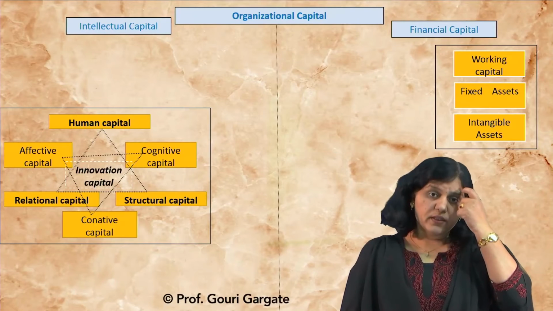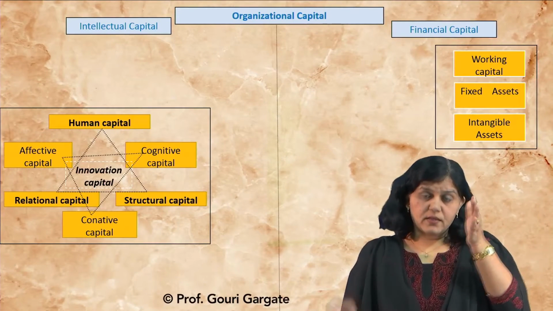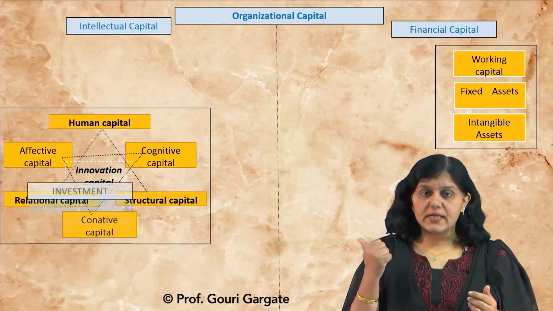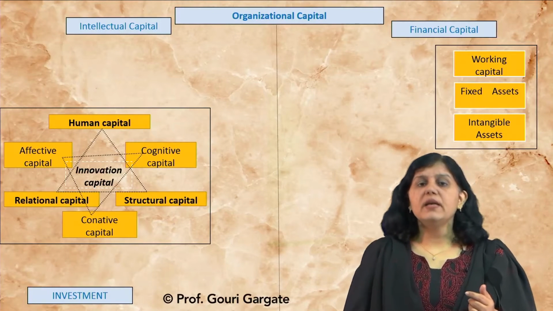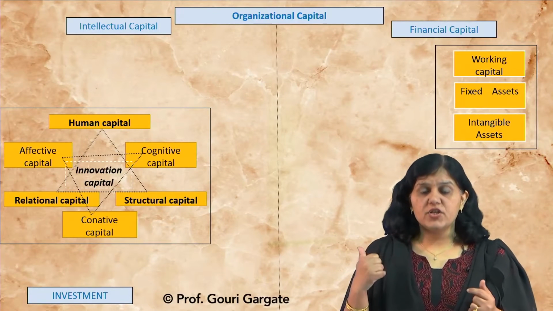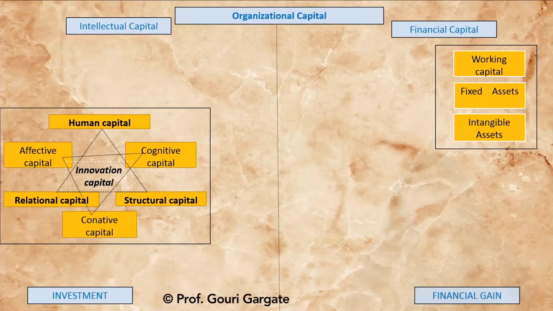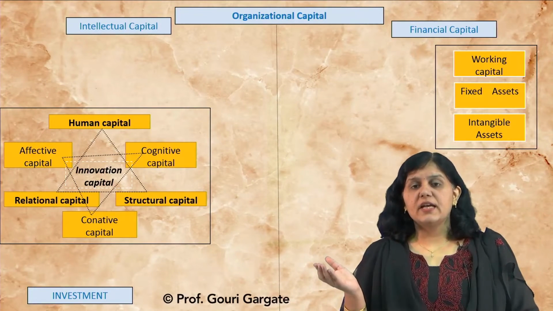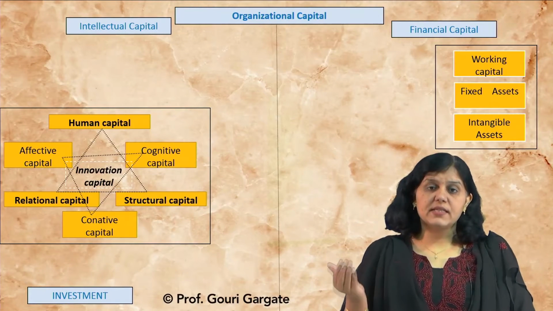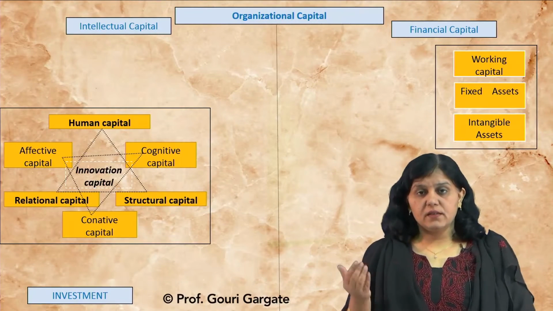Now moving further, you can see that there are two sides. One is investment and the next is financial gain. When you are doing this IP activity, the first side is the investment side, where you are putting your fortune, and the financial gain is on the other side, where you are generating wealth.